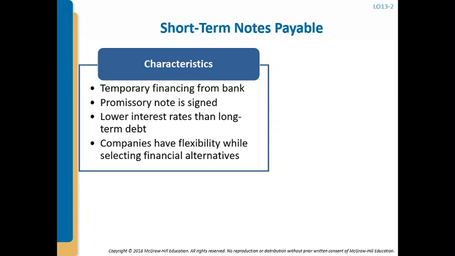Usually because they're less risky, they're being paid back sooner, they afford the debtor company lower interest rates than long-term debt, much less risky for the bank. And so it allows them some flexibility. Of course, they could always turn this into a long-term debt if they can find favorable financing alternatives.